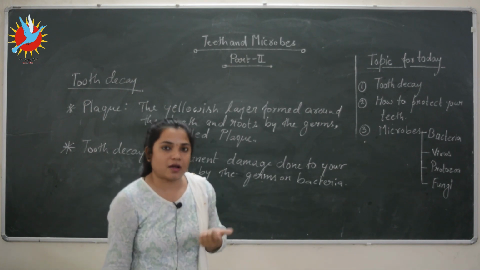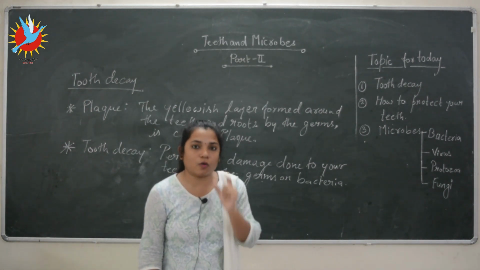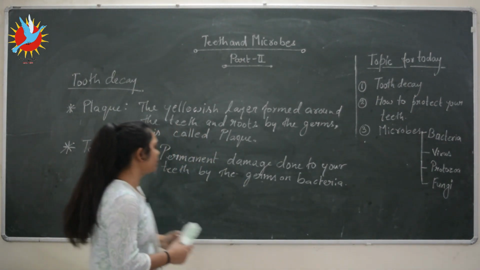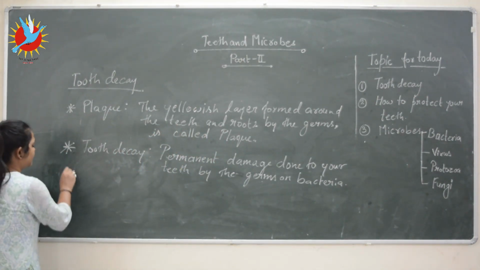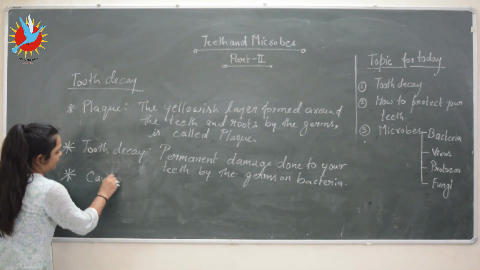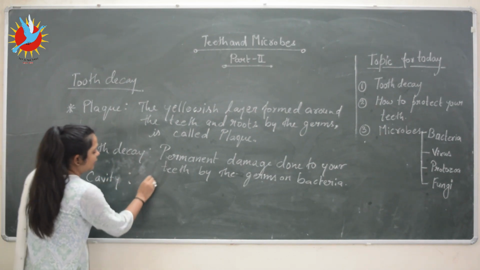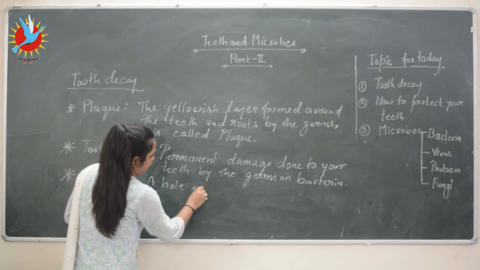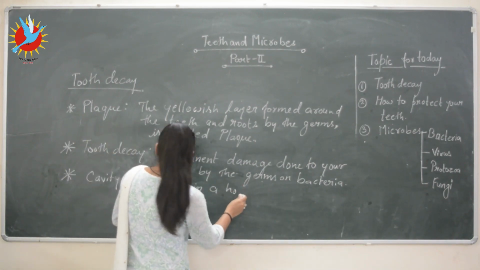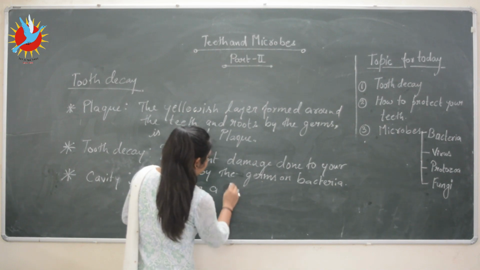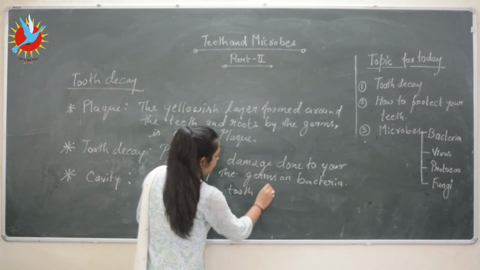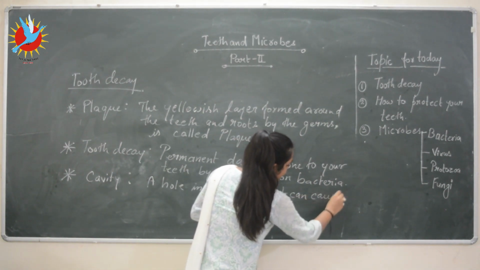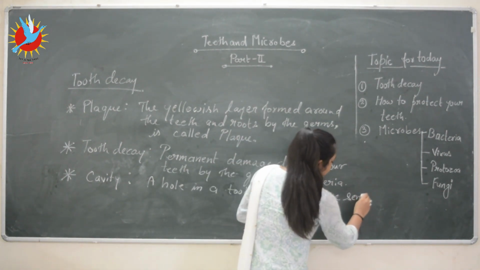What is cavity? Well, cavity is a hole in a tooth that can cause sensitivity. Okay, so the next definition I'm going to write is cavity. Students, cavity is a hole in a tooth that can cause sensitivity.